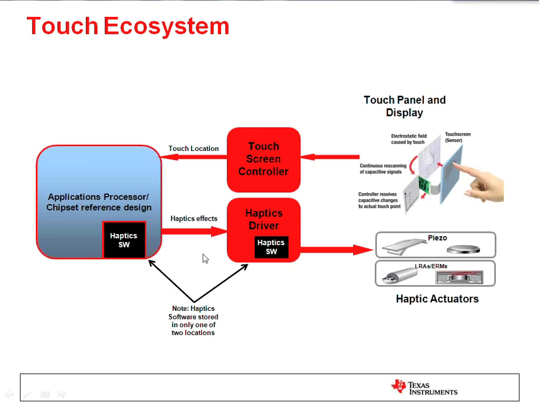Now, the software for that waveform effect can either be stored on chip or in the driver itself. It just depends on the topology, and we'll cover some of those later today. The driver then transmits that information to the actual haptic actuator, which could be one of many varieties, such as piezo, LRAs and ERMs.